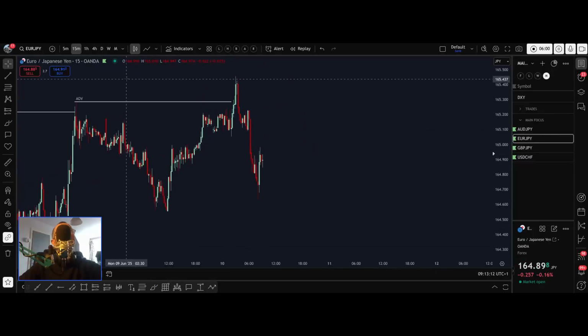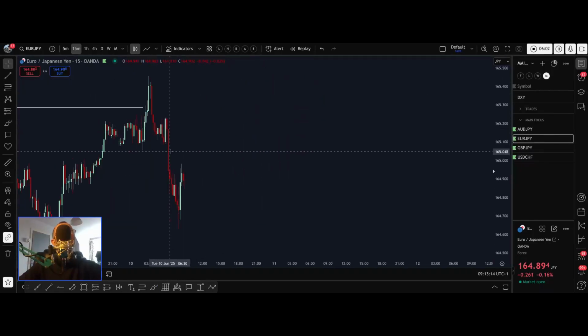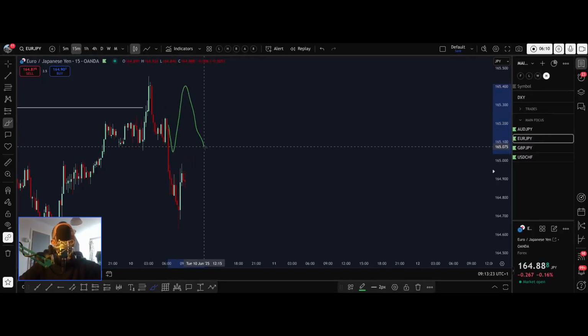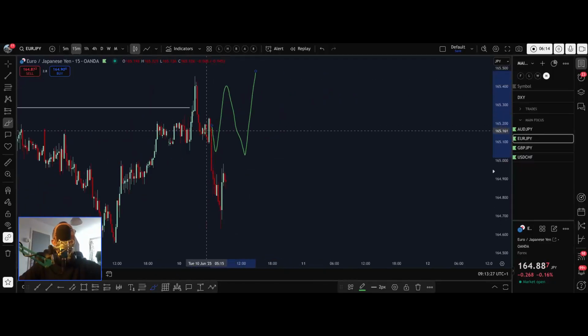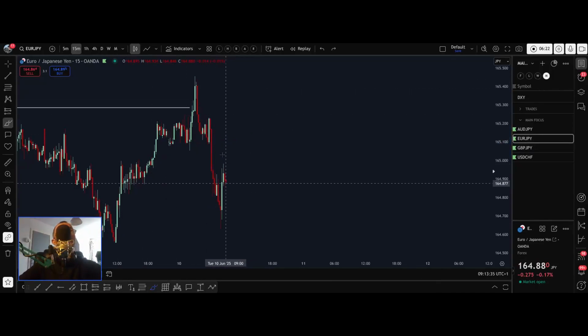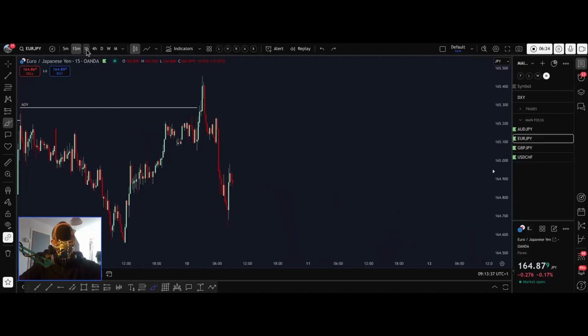Given the overall sequence, I'm not really a fan of taking something like this, and then you end up being tagged in and tagged out, and then price does something like that. I was looking more for some kind of drop up, but potentially you had an entry there which you could have taken.